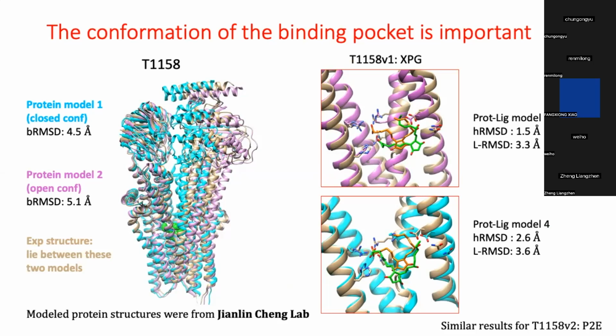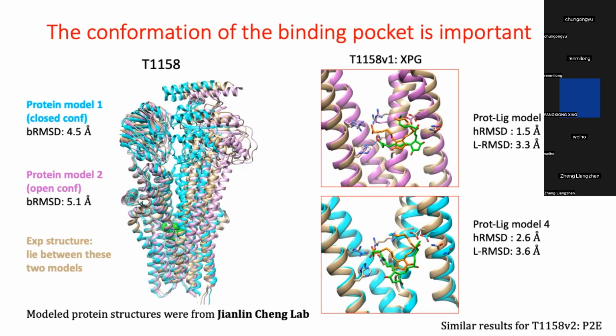The CASP provides only one conformation, which is the closed state of this membrane protein. But we know that there are two conformations. This is an APC transporter. There are two conformations. So thank Professor Jianing Chen sitting in the audience. His lab provided us the AlphaFold predicted structures for both the closed form and the open form, because this case is a huge protein.